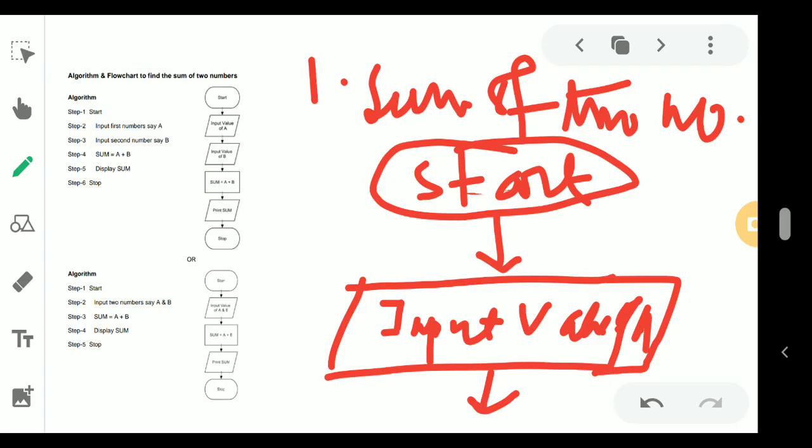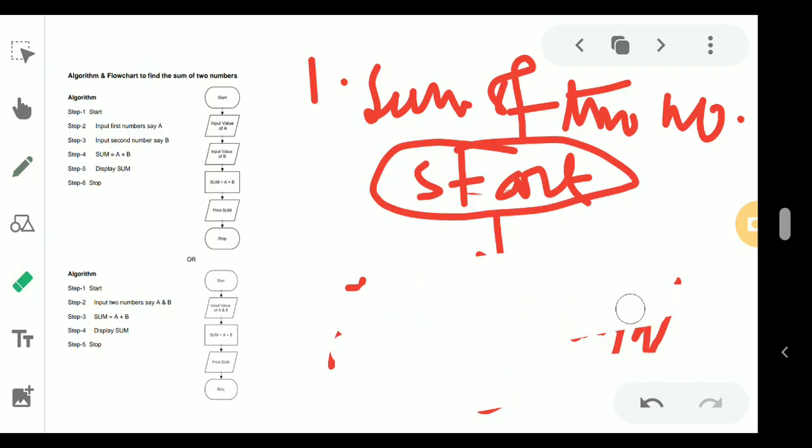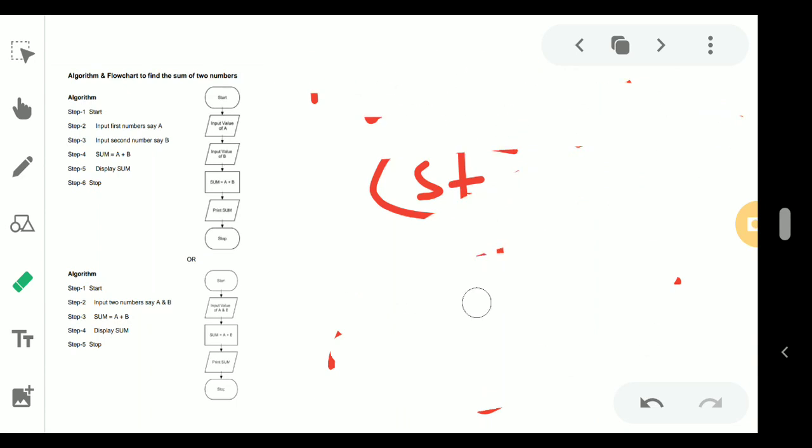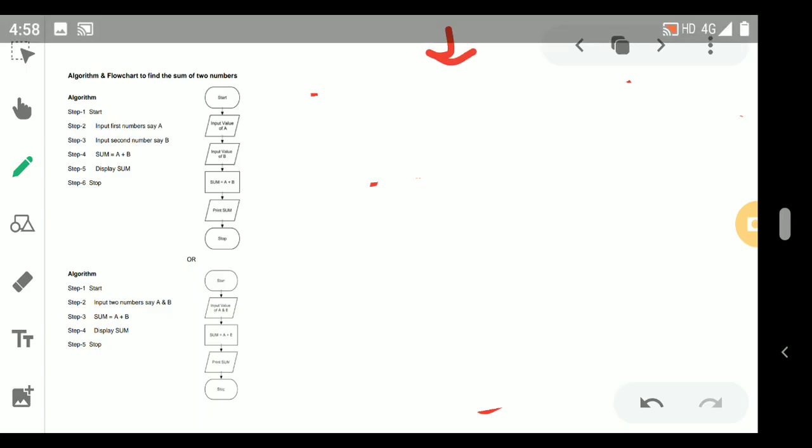In the next step, I am erasing up to this step, then continuing. We have taken the second continuation arrow.